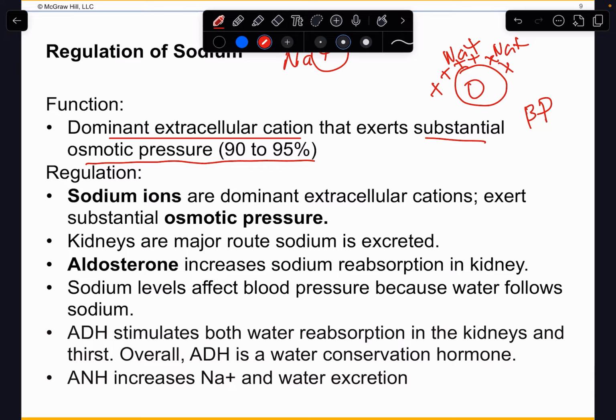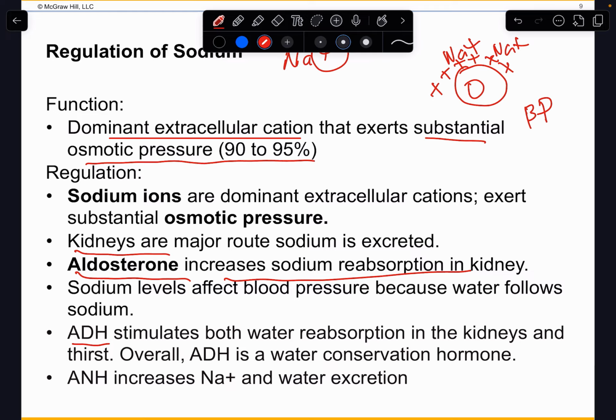When sodium levels are low, the body activates a mechanism that conserves sodium. When sodium levels are high, the body increases sodium excretion. Like I said, aldosterone increases sodium absorption in the kidney.